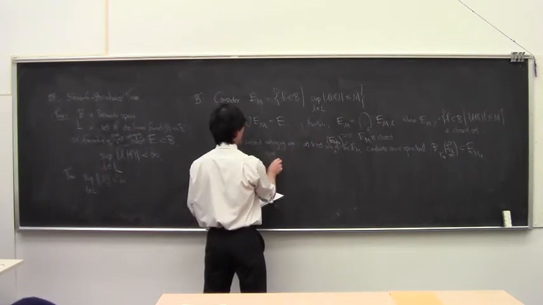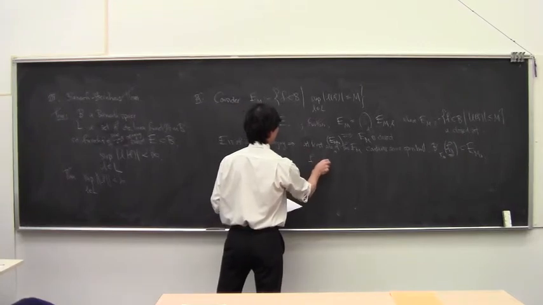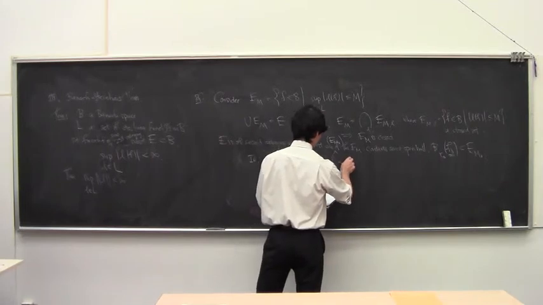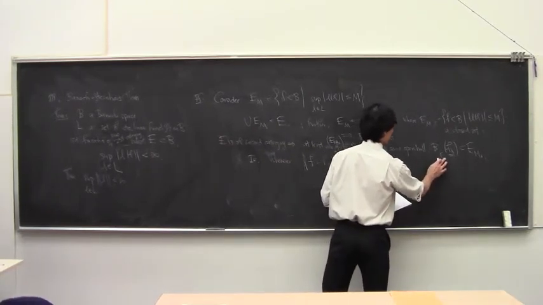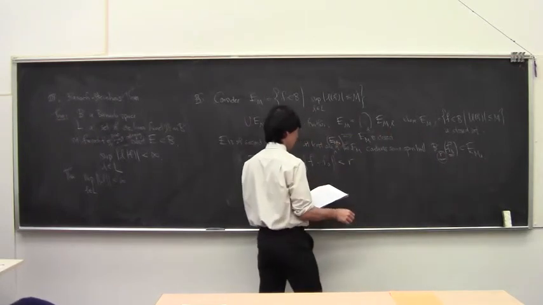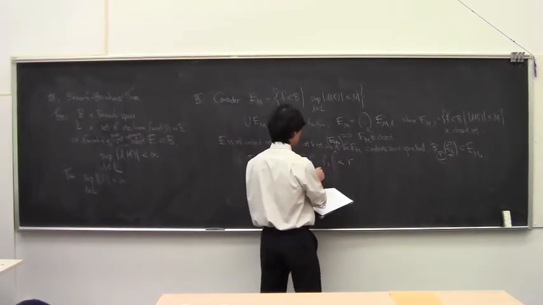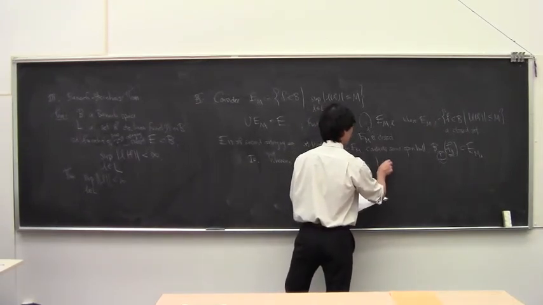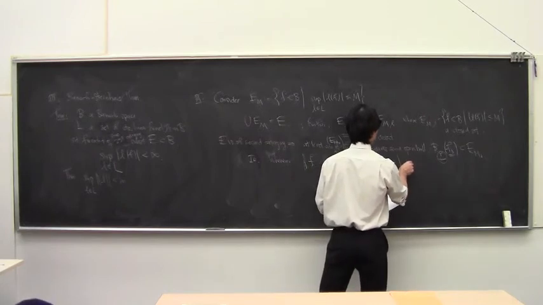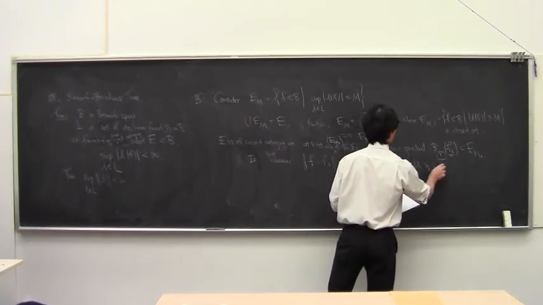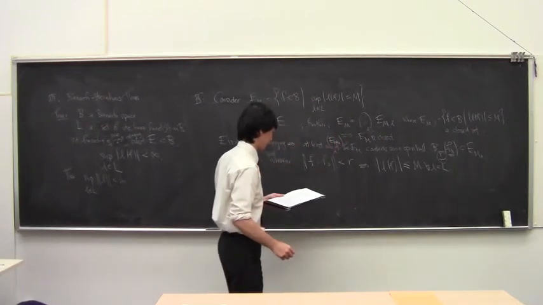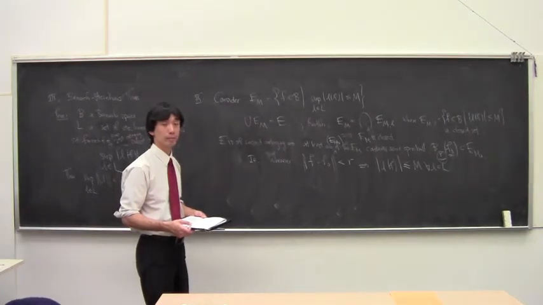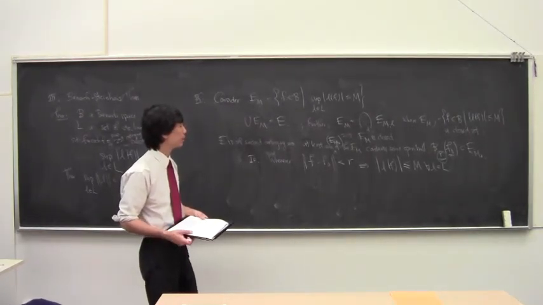Whenever the distance of f minus f naught is less than r, we have that |L(f)| is less than or equal to n naught for all L in L. That's just the definition.